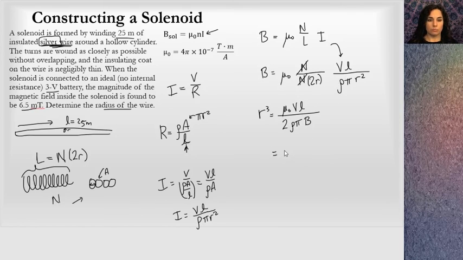Okay, so mu naught I know is 4 pi times 10 to the negative 7th. V, they tell me, is 3. The length of the wire is 25. I'm going to divide by 2 times the resistivity of silver. The resistivity of silver we can look up in a chart someplace. I get 1.59 times 10 to the negative 8th ohm meters.